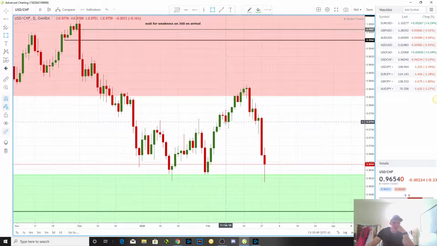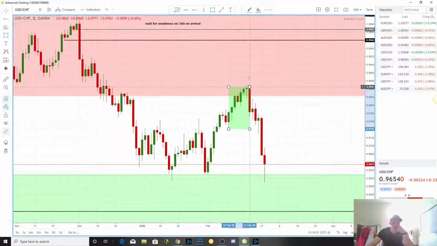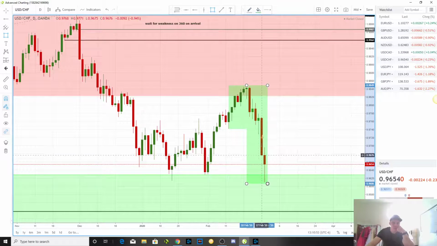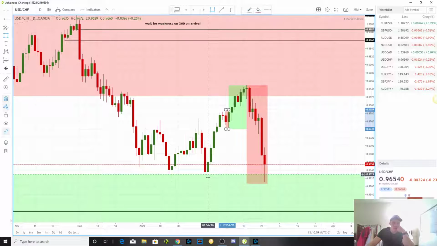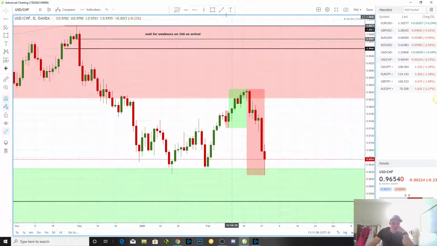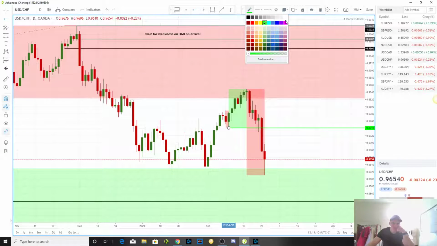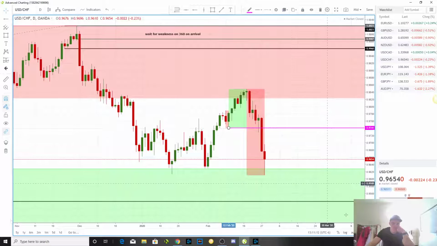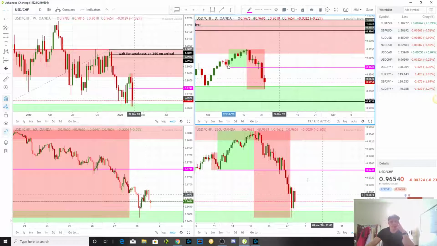So right here, we don't have an exit. No. We could possibly have another example of a big move right here. But we do have that.